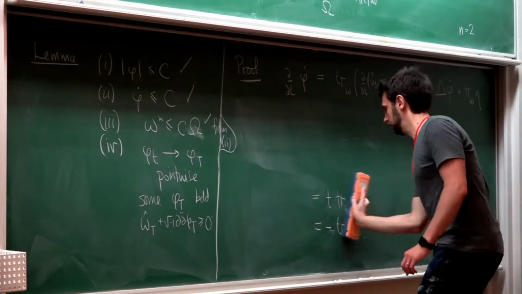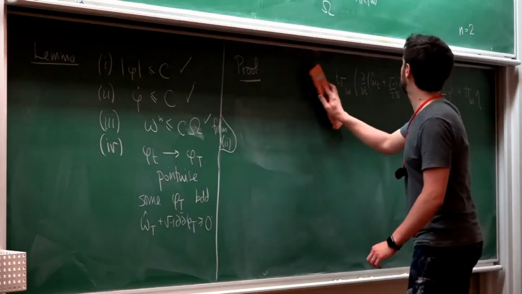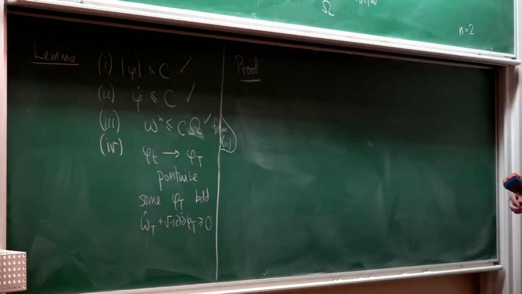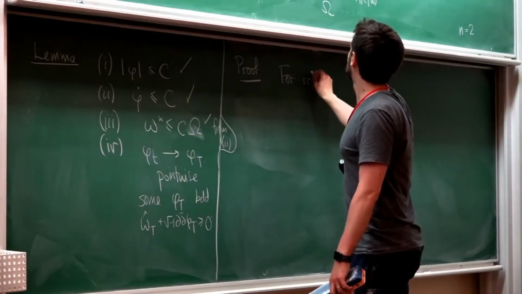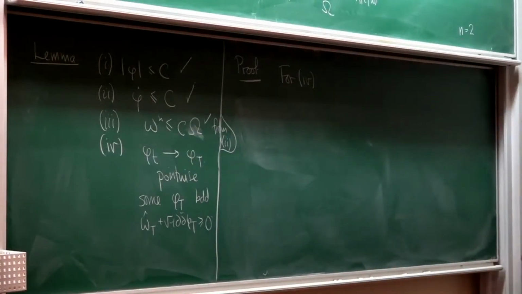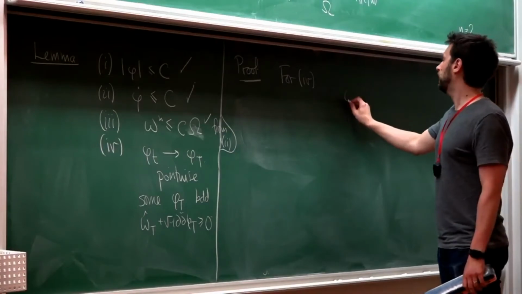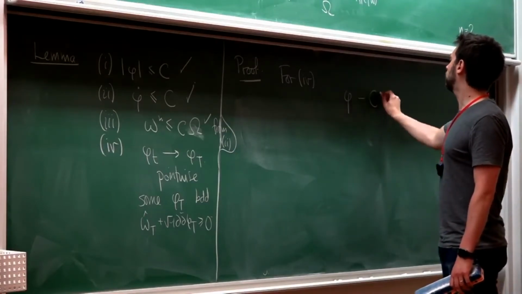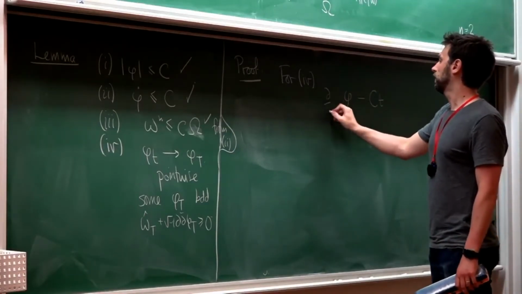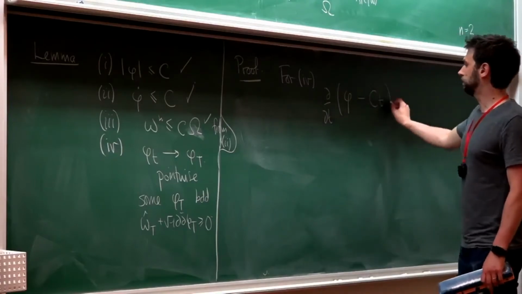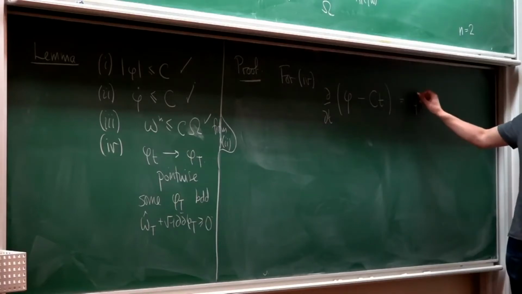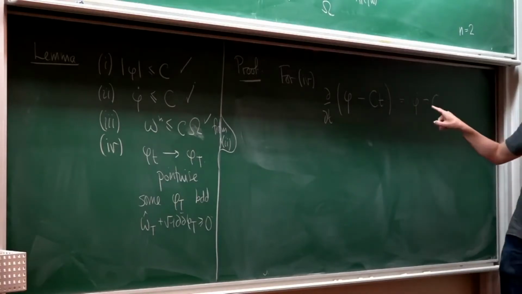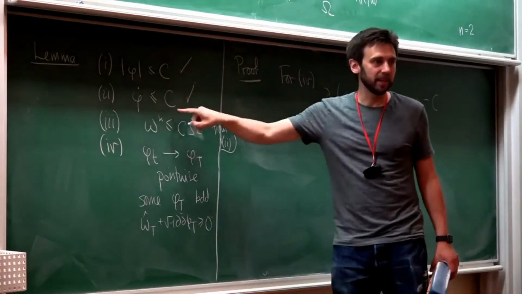And now, let me say something about number 4. For 4, this actually also follows from 1 and 2, because if you look at phi minus a constant times t, when you differentiate it with respect to t, this is phi dot minus c. Let's take that c to be exactly that c.